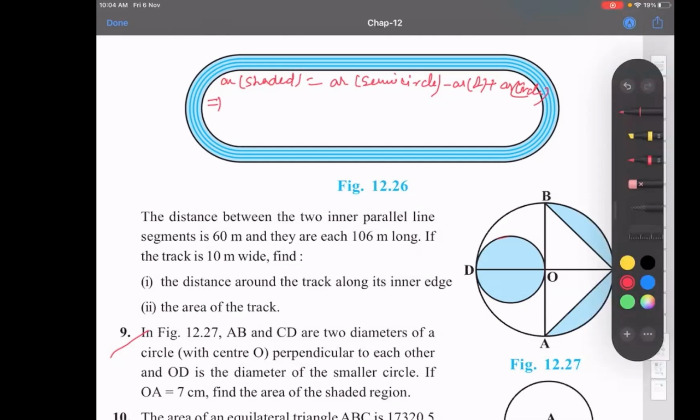Area of semicircle we can find: pi r square upon 2. Area of triangle, which is a right angle triangle, is 1/2 into base into height, plus area of circle.